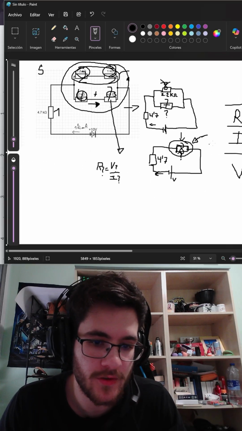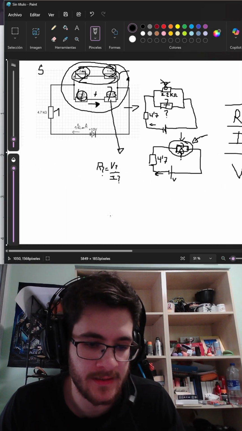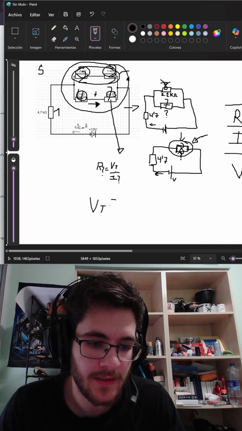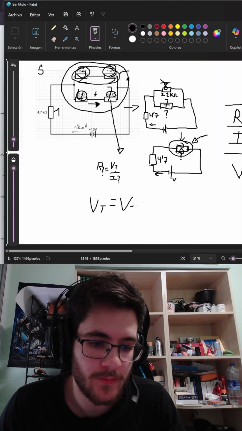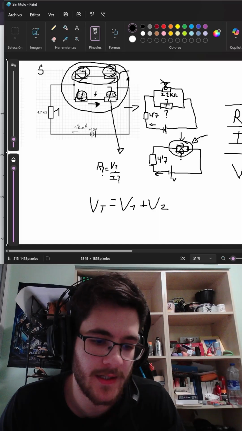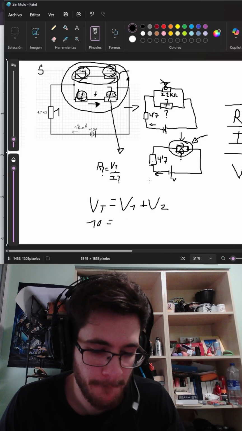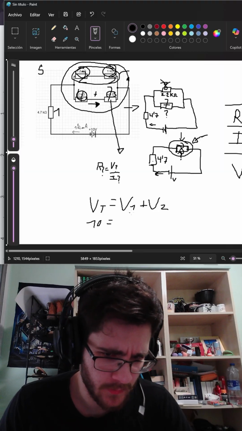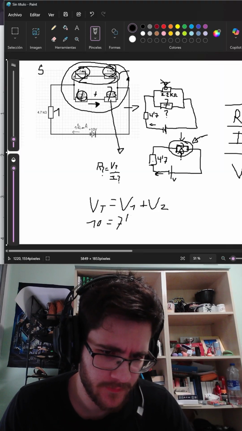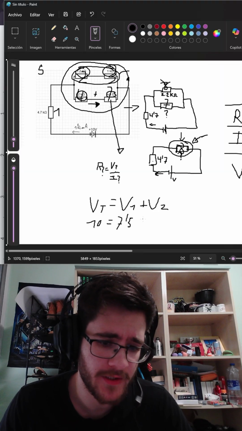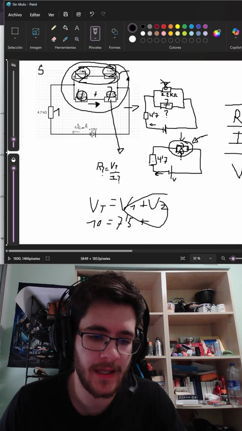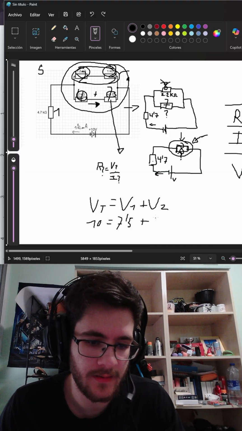So, as you know, in serial circuits the total voltage is voltage 1 plus voltage 2. We know that the total voltage is 10, and that voltage 1 is 7.5. So voltage 2 will be 2.5.